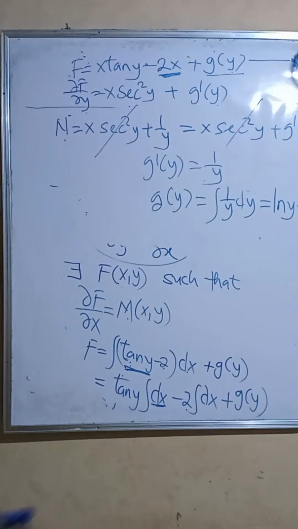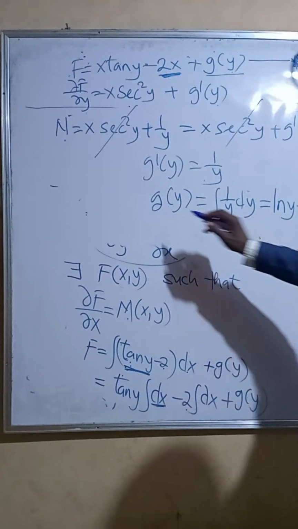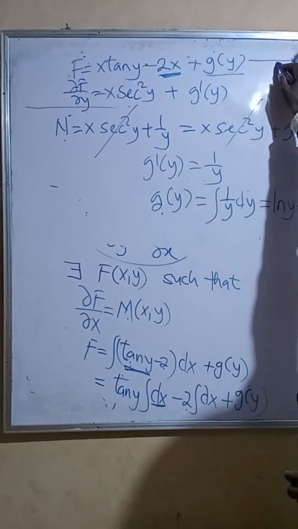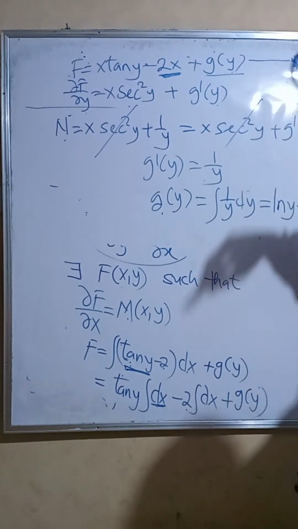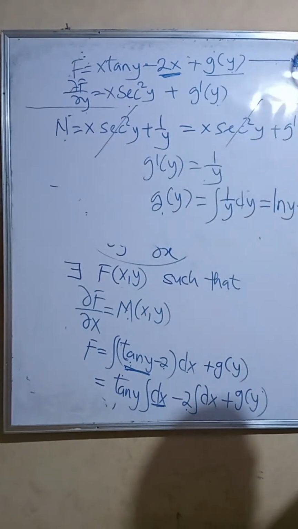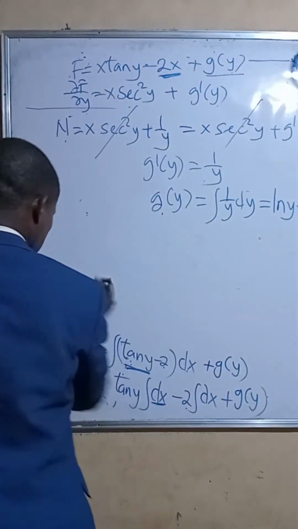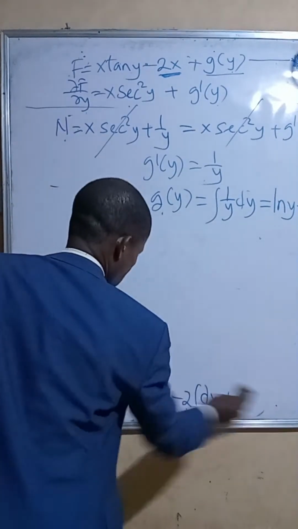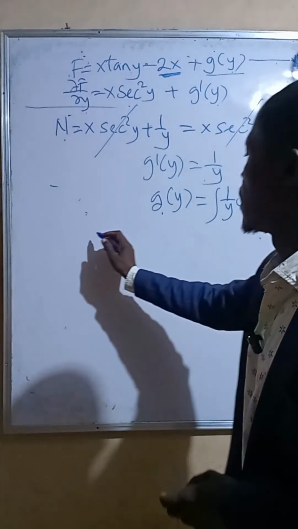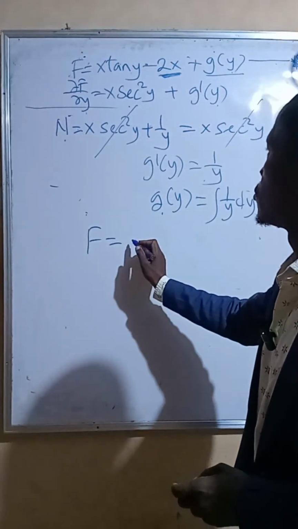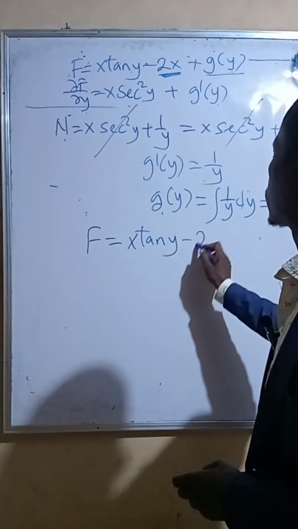So then the next thing to do now is we've gotten our g of y. Let's go back to your equation, which I call the asterisk, and substitute your g of y in that place. So we now have f equal to x tan y minus 2x.